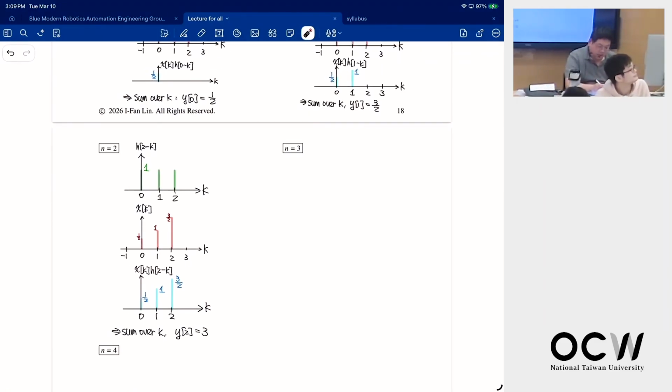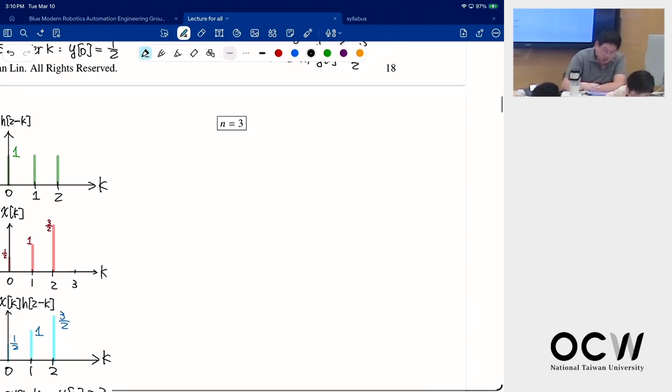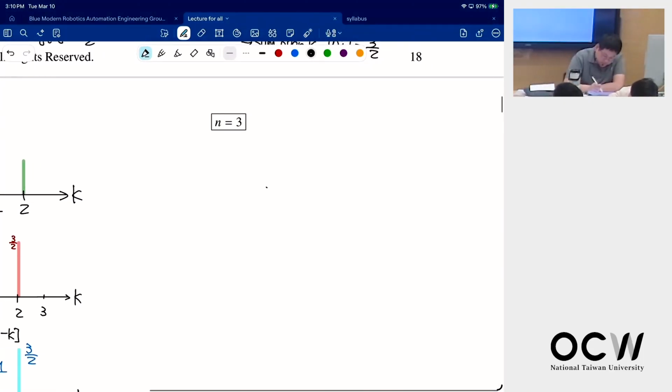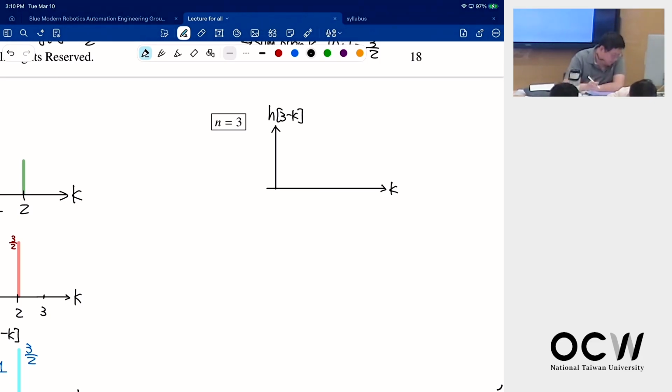Now let's shift one more, because we still have an overlap. So here you get h of 3 minus k, with 1, 2, 3.